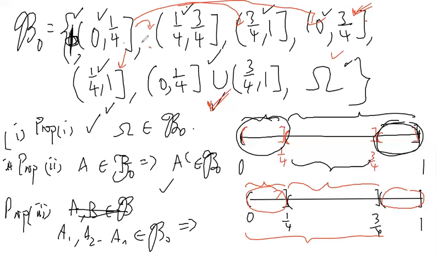This is a larger set. So the first round is okay. The second round, you look at this guy and take a union with this, and you can check that it is equal to this one.